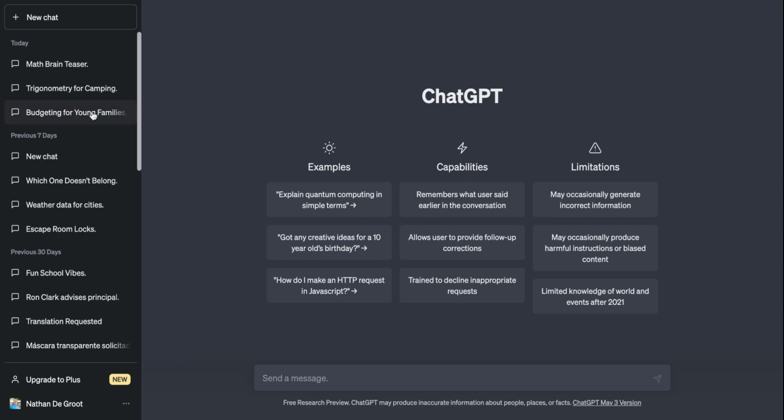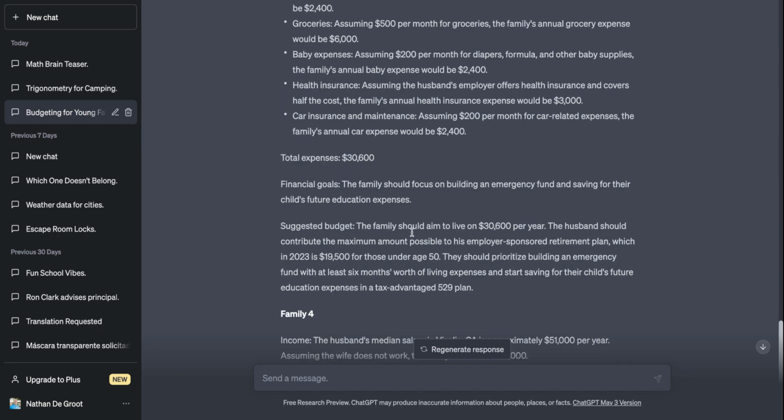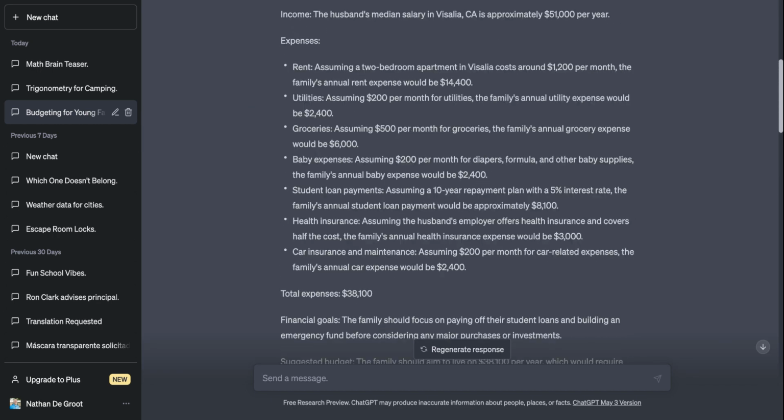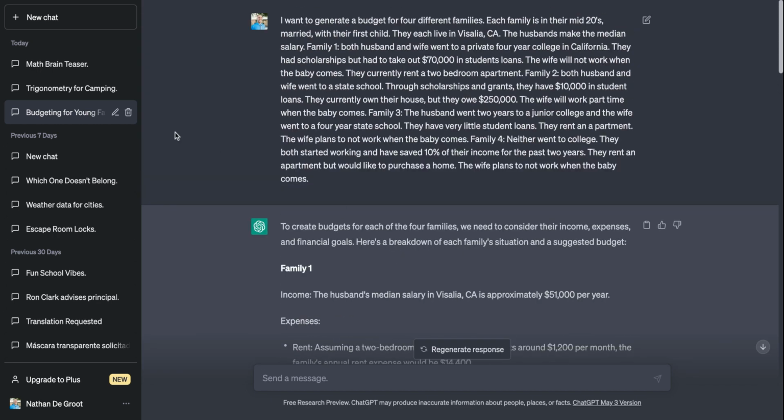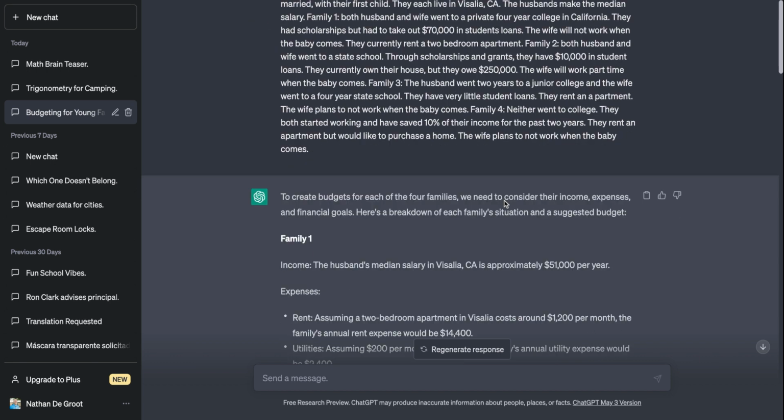So, for example, let's say I gave it this prompt up here, saying I wanted some budgets for four different families, and I gave it some different criteria, that they're married, having their first child right here, and some different scenarios right here.